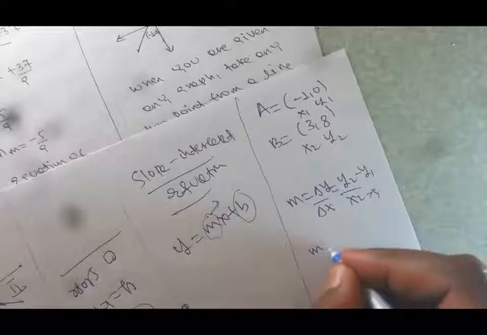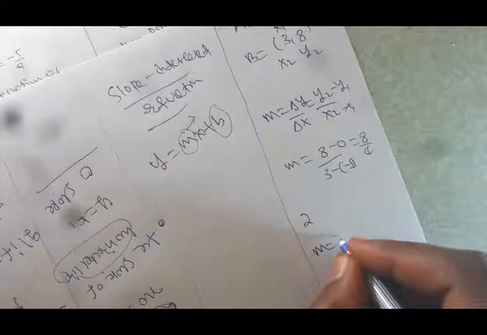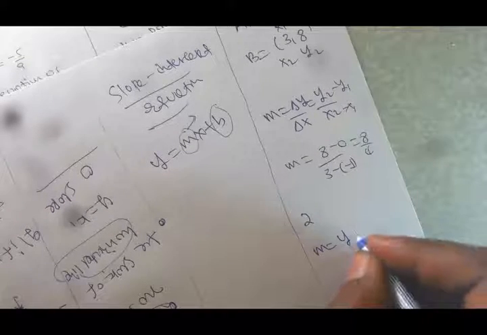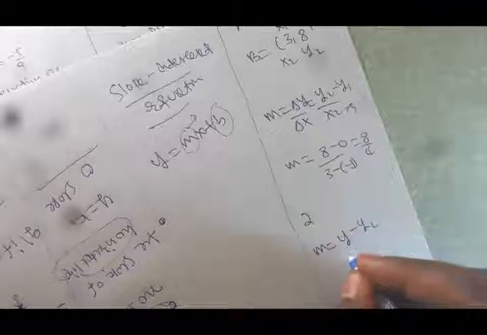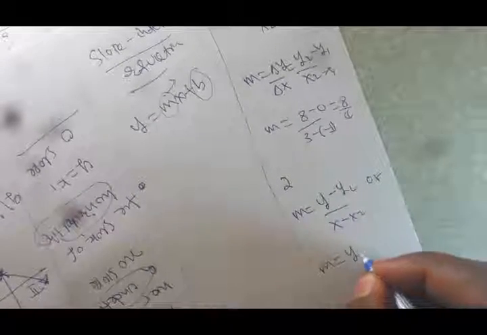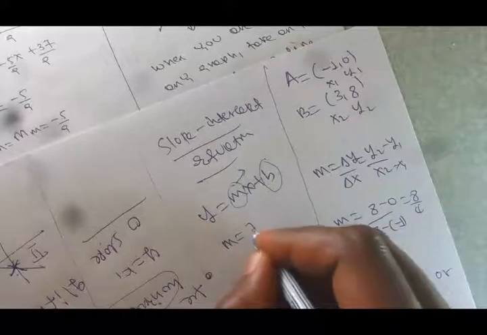Therefore m is equals to 8 minus 0 over 3 minus of minus 1, which is 8 over 4, equals 2. To find the equation of a graph, we use the formula m is equals to y minus y1 over x minus x1. We already found the slope m is 2.